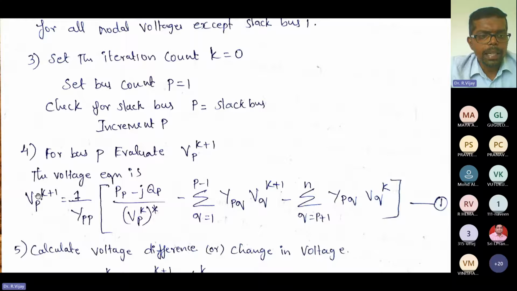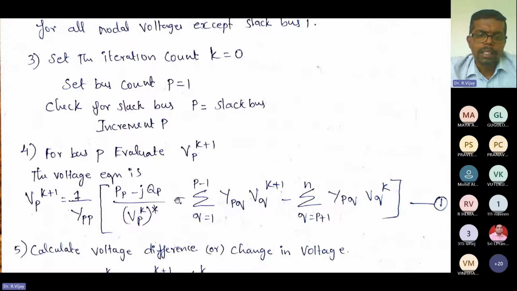Here, Vp K plus 1 is equal to 1 divided by Ypp, times Pp minus J Qp divided by Vp K, the whole power star. Star is nothing but the complex conjugate. For example, if Vp is 1 plus J0, star means you need to take 1 minus J0.